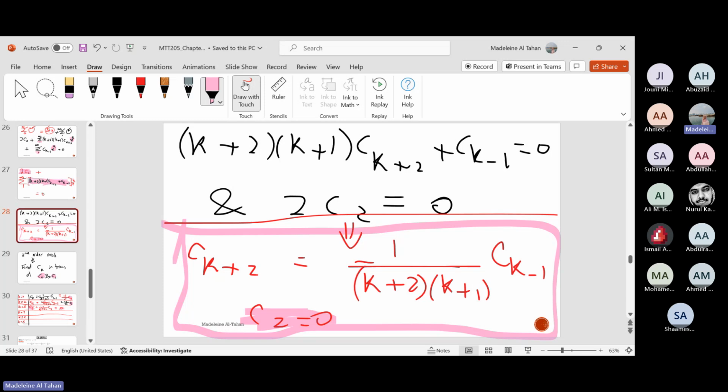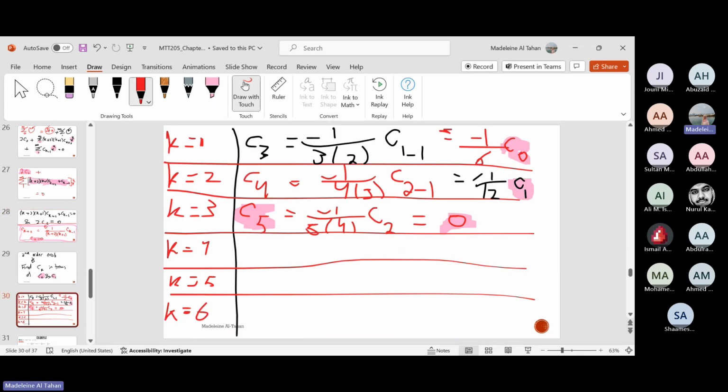We need to substitute k equal 4. So c_{4+2} is c6. Here, basically, we have c6 equal, we substitute 6 times 5, and here c_{4-1} is c3.